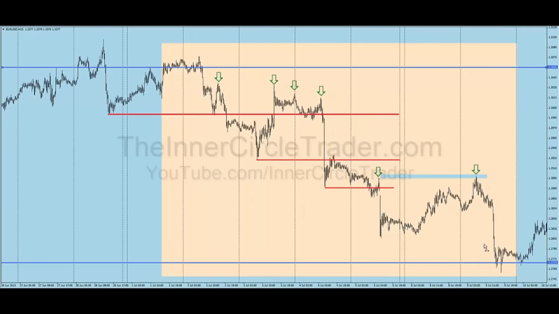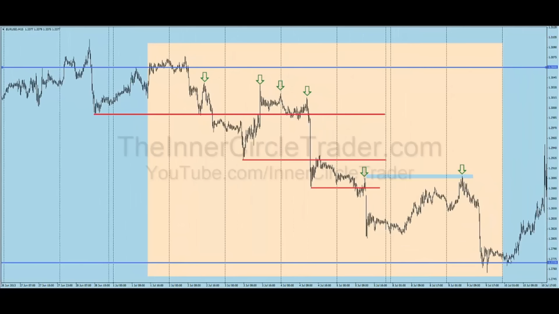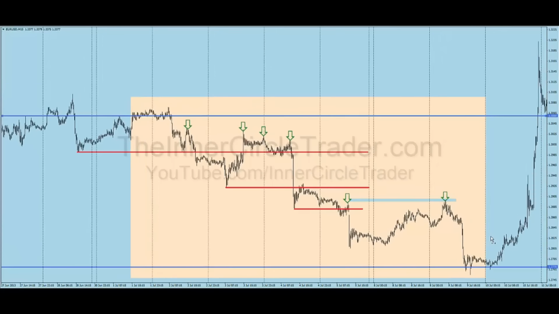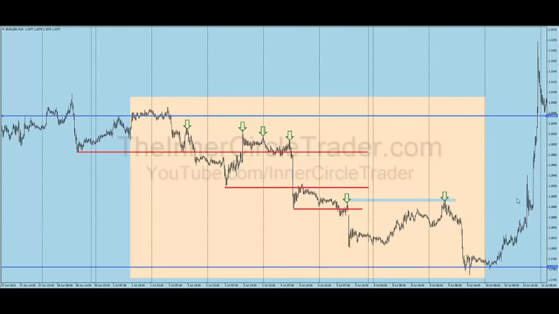Now, when price gets to these levels here, we could look for patterns to trade, because again, this would be a higher level support level. Okay, and then you can see price does indeed rally up.